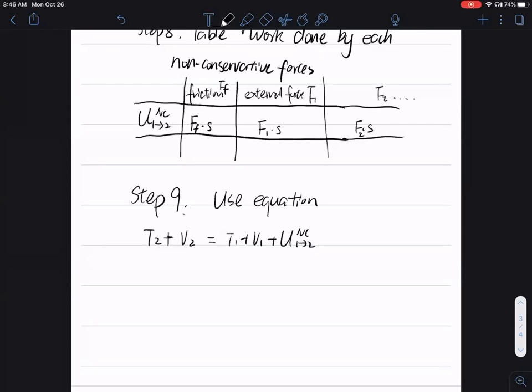At step 9, you're building just one big scalar equation. Then you use that scalar equation to solve some of the unknowns. The unknown could be the mass, or speed, or spring constant, or spring deflection. But most commonly in this section, you're looking for distance. How far a block would travel, what's the deflection of the spring. So a lot of questions ask you the distance.